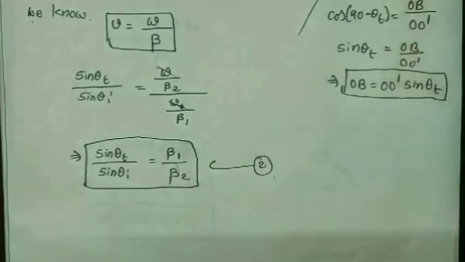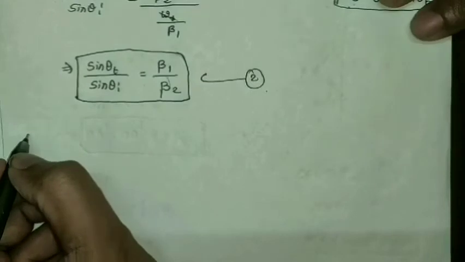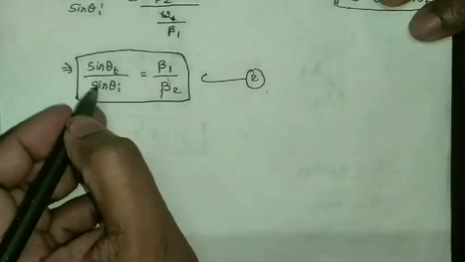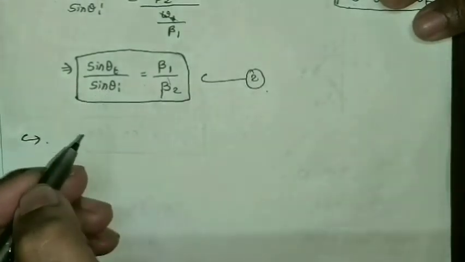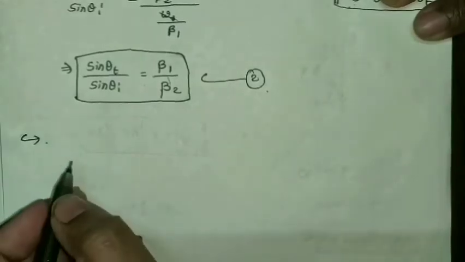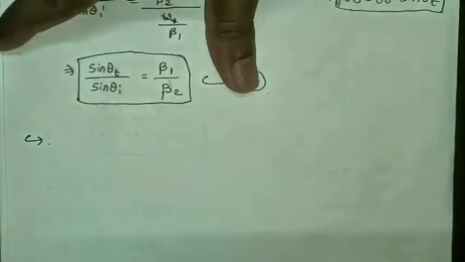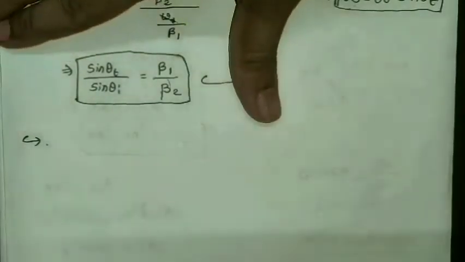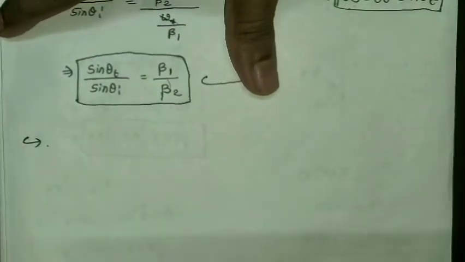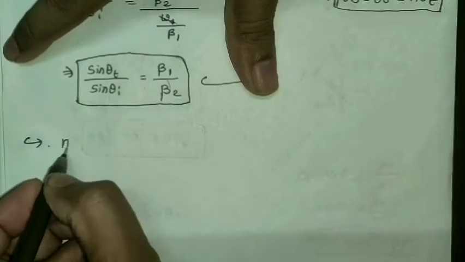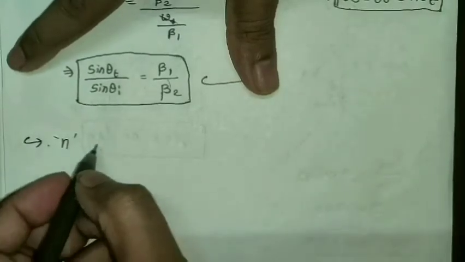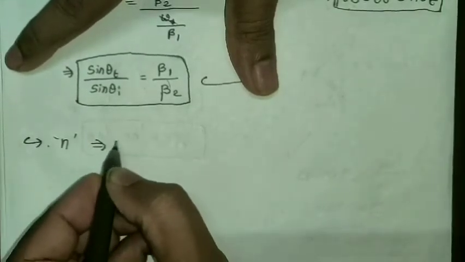In the next case, this same expression can also be represented in terms of the refractive index. In order to do that, first of all, it is necessary to have the definition of the refractive index. The refractive index can be represented by n.